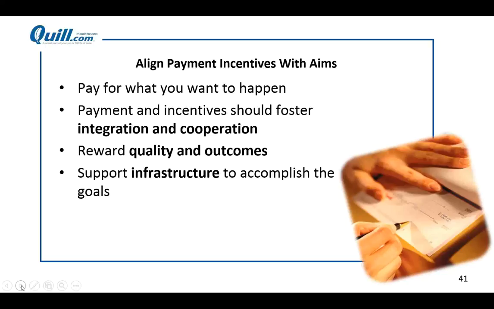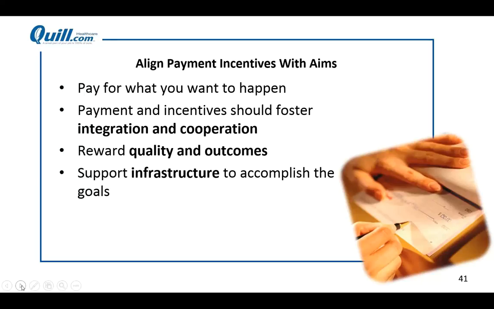And there's a certain infrastructure that's required to accomplish the goals. And I like to think about some of the primary care infrastructure: care coordinators, care managers, health coaches, available pharmacists for complex treatment regimens, psychology and behavioral health being integrated.